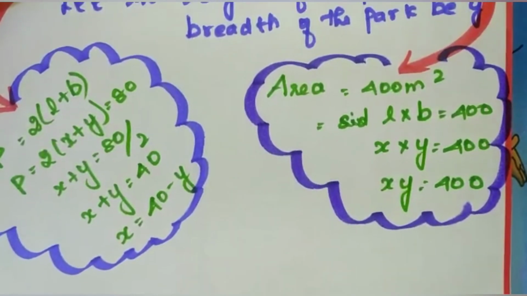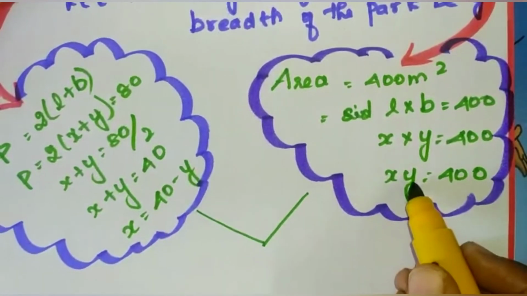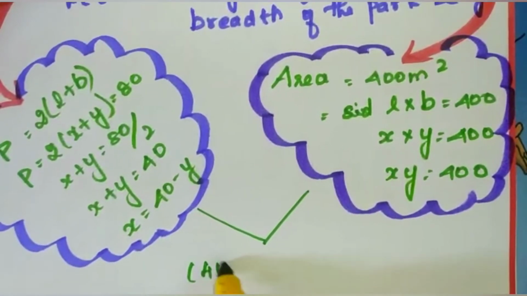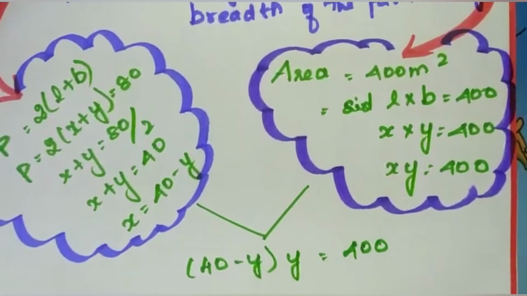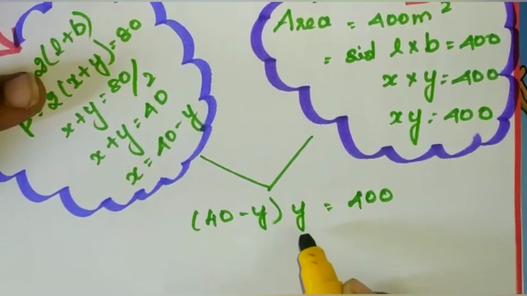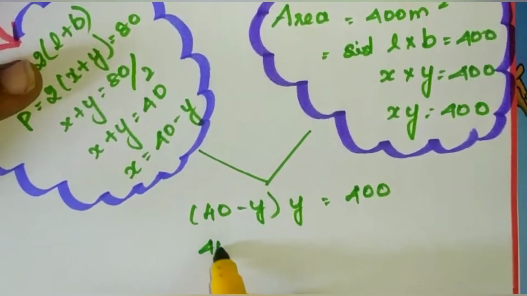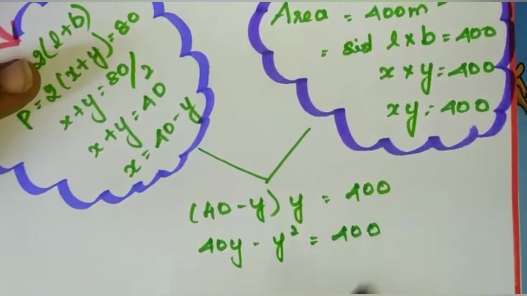By using this, I'm going to substitute the value of x here. (40 minus y) into y is equal to 400. Then you have to write this in the form of a quadratic equation. 40y minus y square is equal to 400.